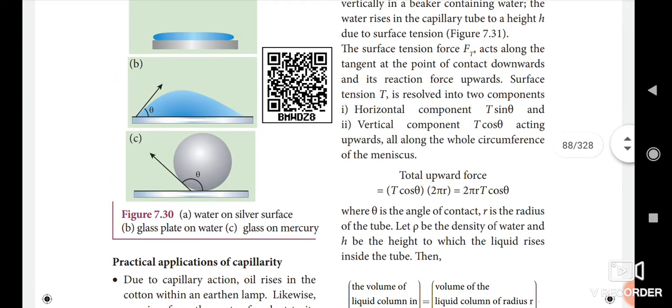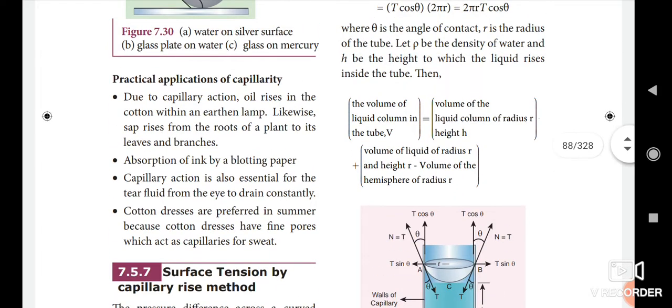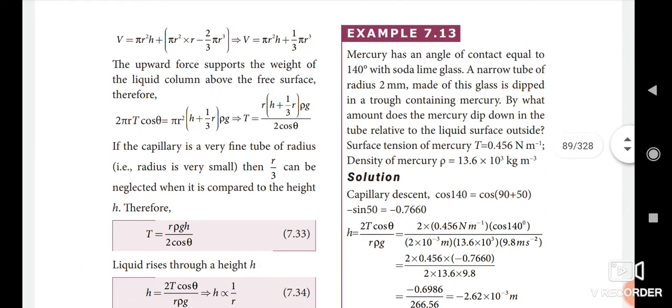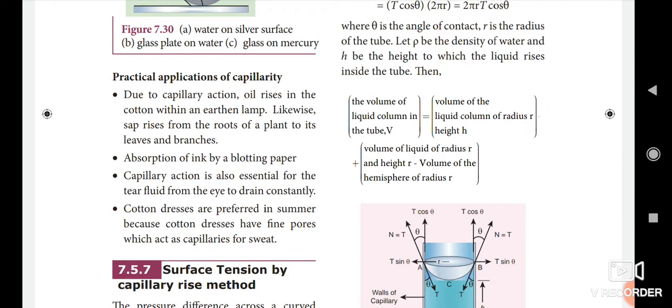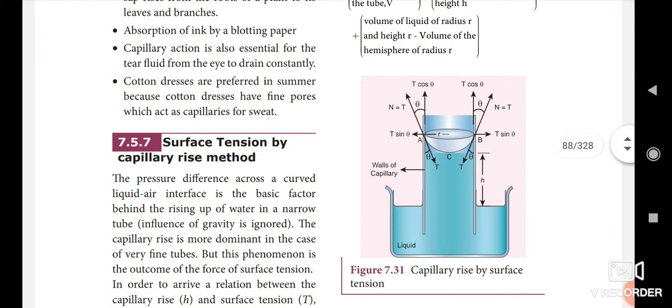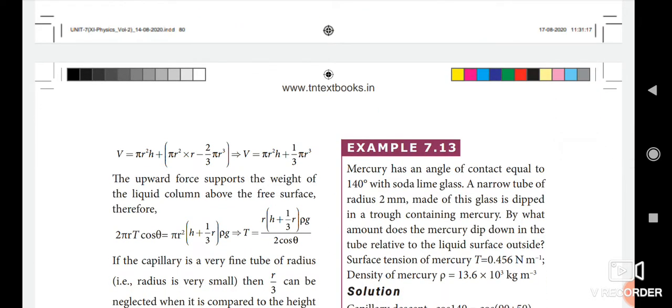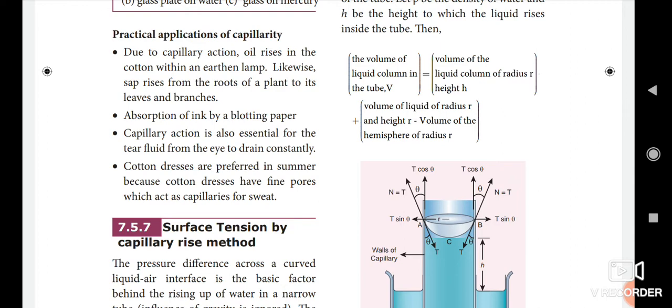Next we have to apply the value for this volume. First we want to find the volume of liquid column in the tube, which is taken as capital V. Then what is the formula for the volume of the liquid column of radius r, height h? That is the volume of the cylinder, taken as pi r squared h. Plus the volume of the liquid of radius r, here also the volume of a cylinder, but what is the value for height? r.